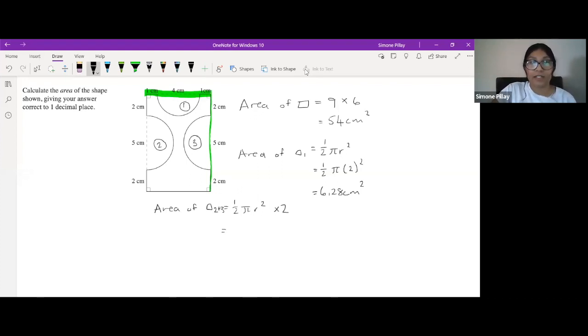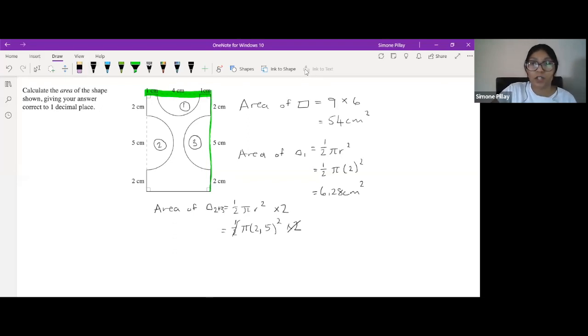Okay. Lead us. So you get half pi times 2,5 squared times 2. Yes, and then what you should see is that your half and your 2 would cancel out.